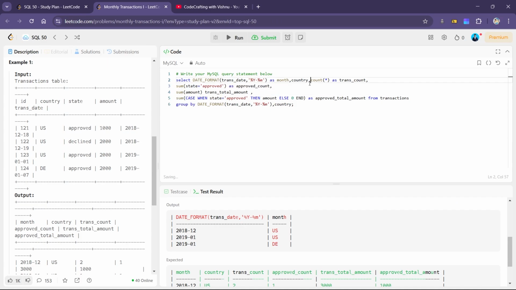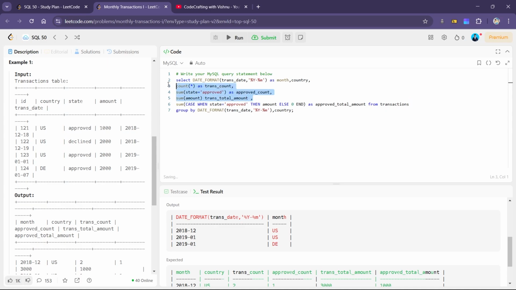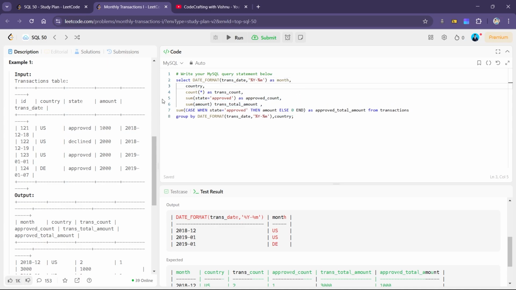Okay, so sum of total amount as transaction total amount, and then we have approved total amount, which is sum where the state is approved, then we'll take the amount, else we'll take 0, and we'll show this as approved total amount from transaction.